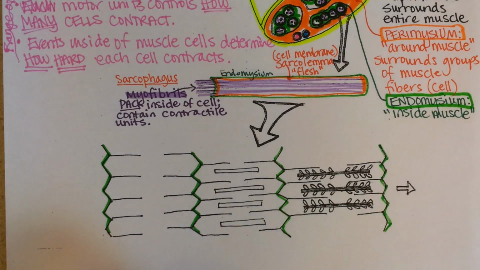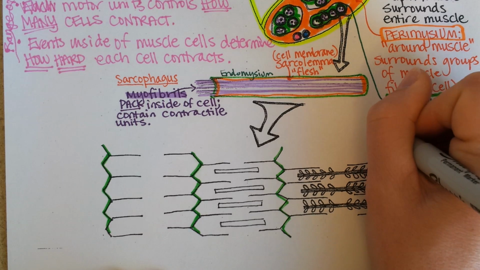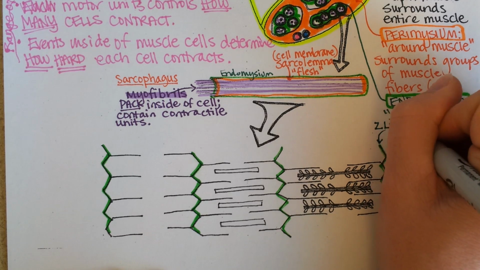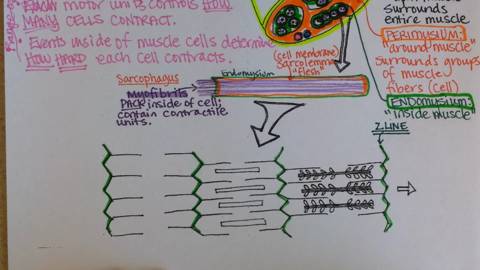So green is the Z lines. And a sarcomere would be from one Z line to the other.